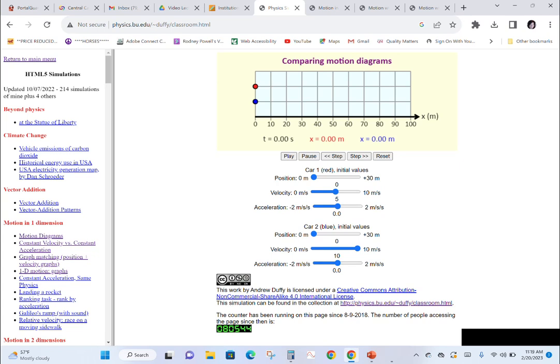So let's look at those diagrams to see what those look like. These are called dot diagrams. And they only show what the car is doing over time, right? The distance that they travel every second.